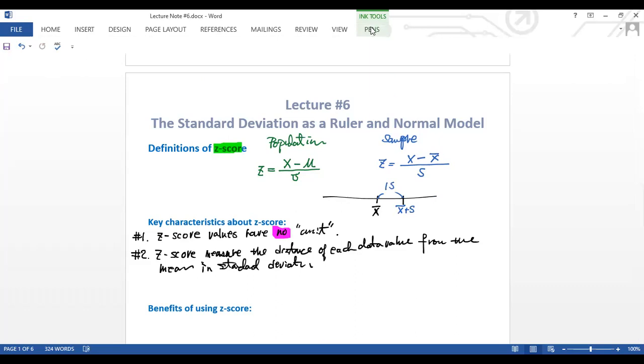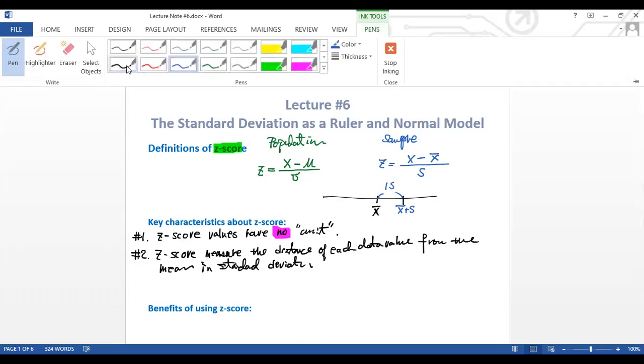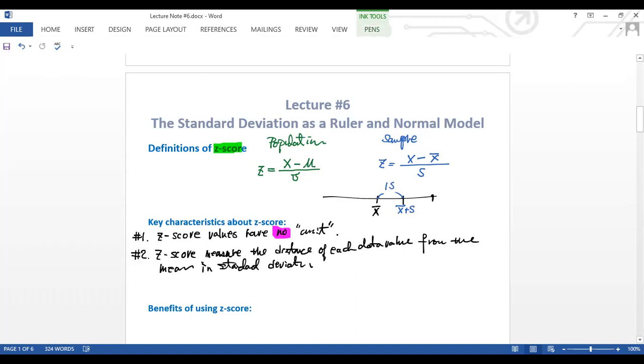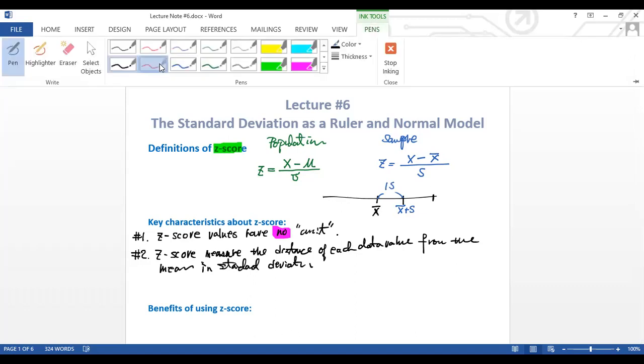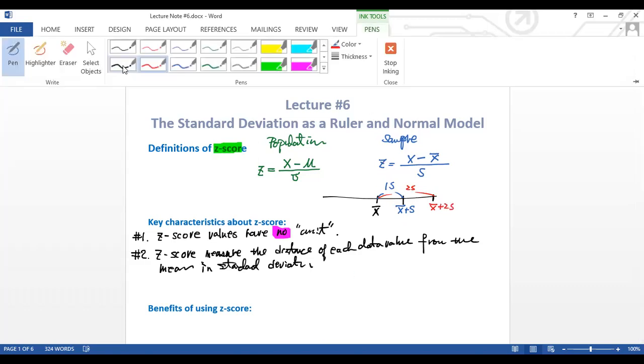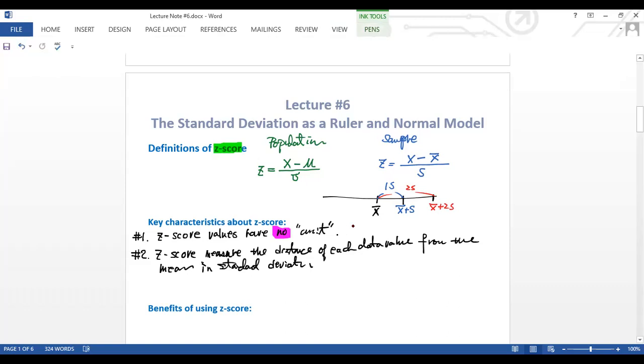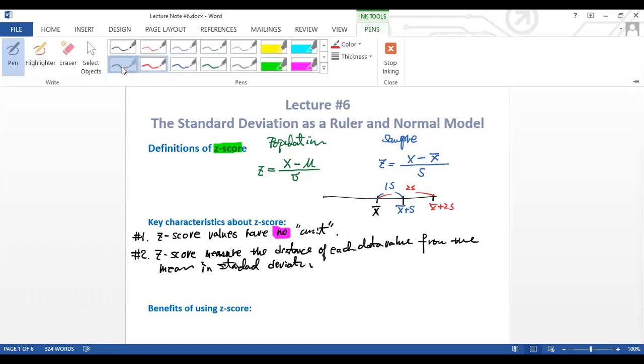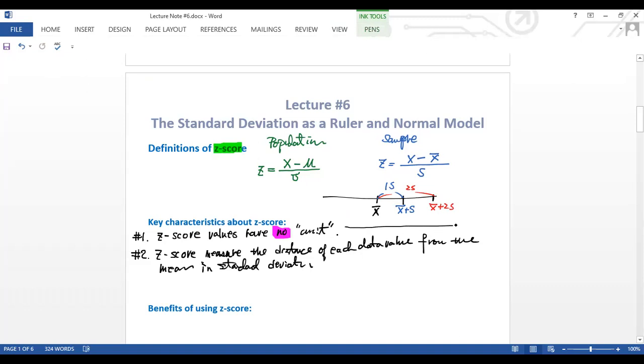And here, the distance, the red one, is 2s, so this is x bar plus 2s. Now the corresponding lines here: this is x bar, so x minus x bar is 0. So this one goes to 0.